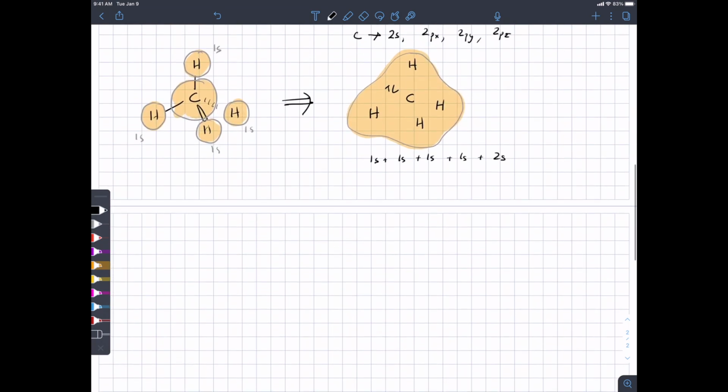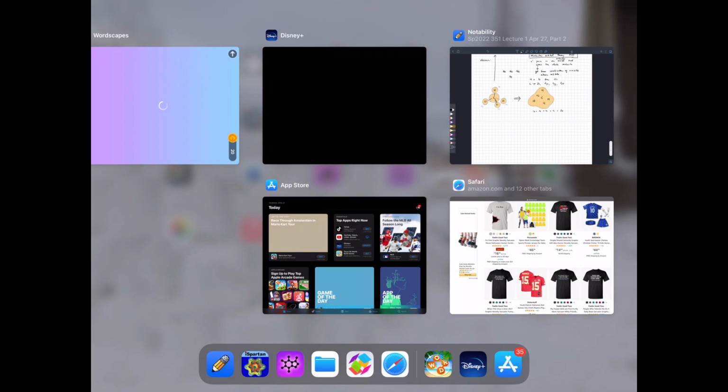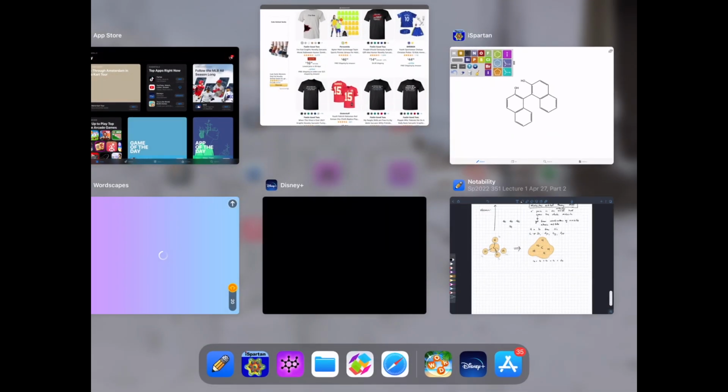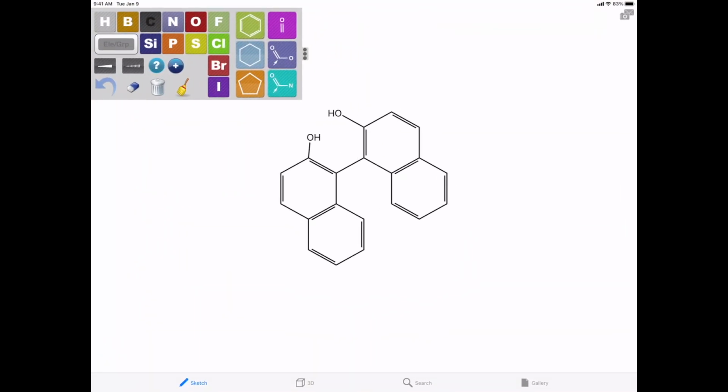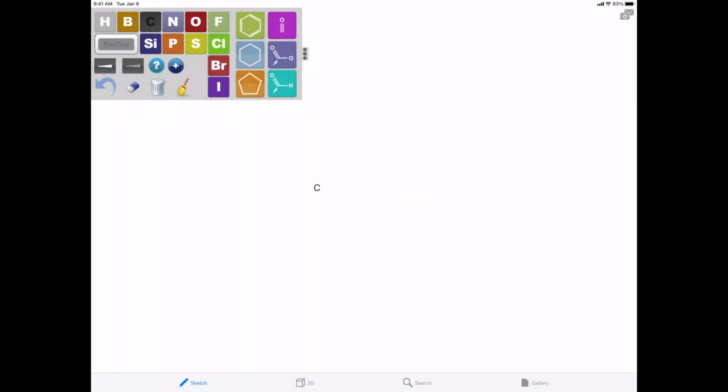I apologize for that. Now, that's one of the orbitals from methane. There's a program I have on my iPad called Spartan, where you can draw molecules, and then it will show you what the orbitals look like if they're available.